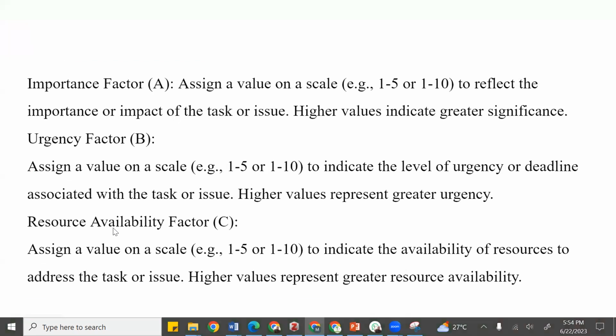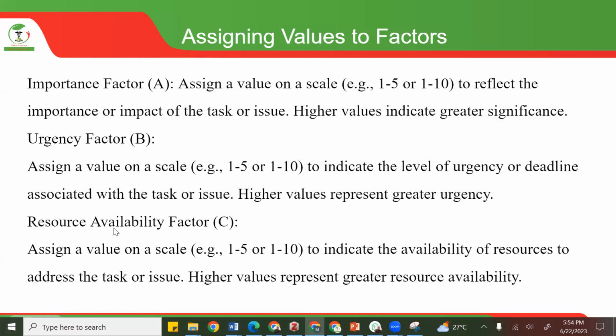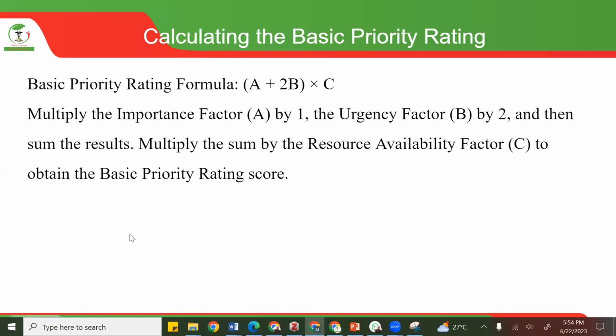Okay, so you look at those factors and assign them scores. It can be a score of 1 to 5, or 1 to 10. The higher the score means it indicates great significance. Okay, so the same to urgent factor and also resource availability factor.